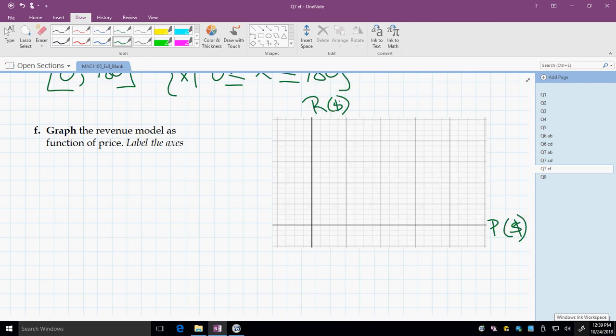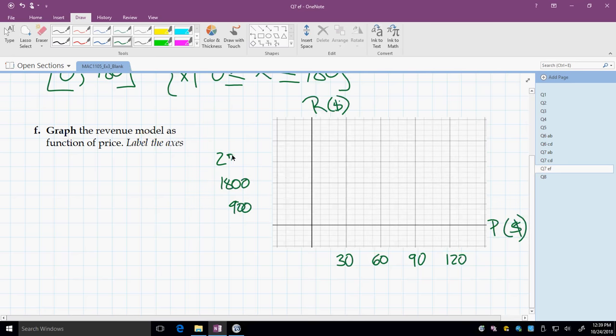We're going to label 30, 60, 90, 120. So we have 900, 1800, 2700, and 3600.